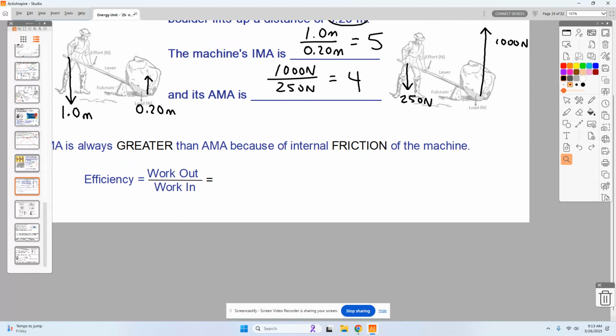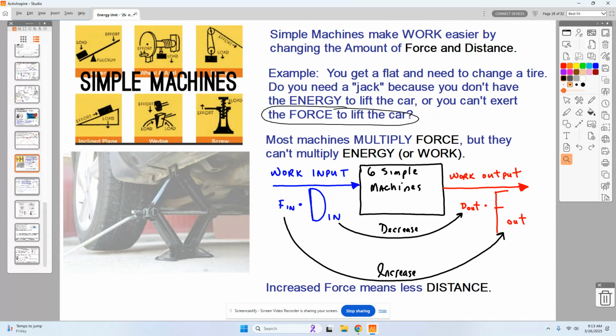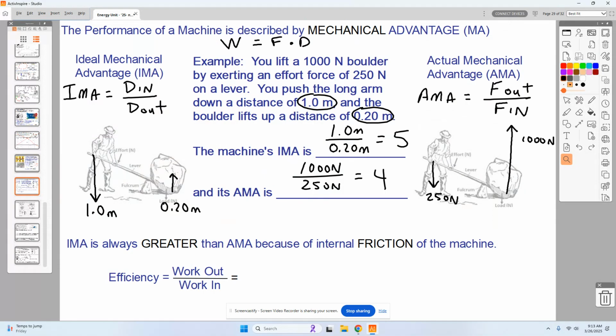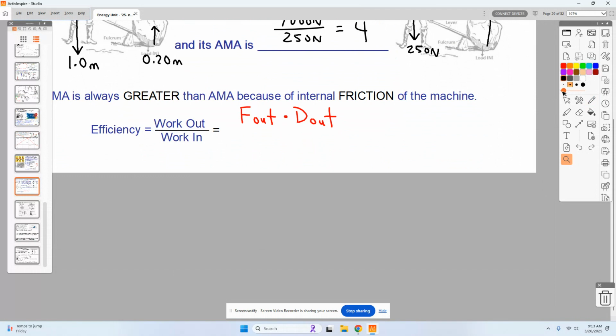I'm going to use color coding again for this. We said that the output work was D out times F out, so let's go ahead and do that in red. I'm going to lift this up so we can see it better. I'm going to divide that now by the input work.